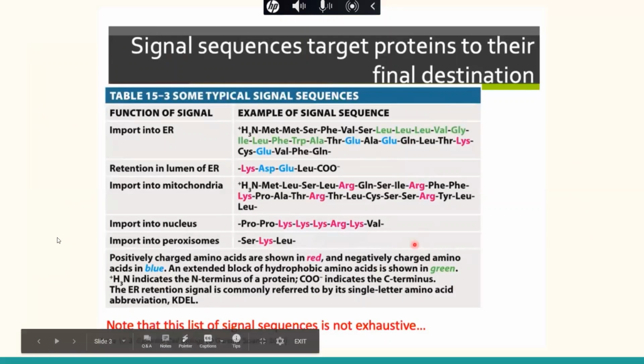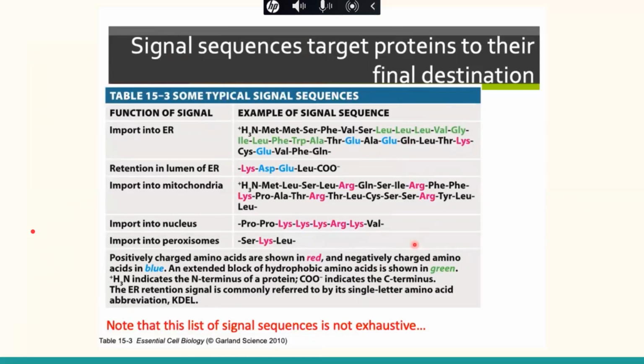So here's a list of some of the signal sequences that I know Laura talks about sometimes in her lectures. The main point to remember is that signal sequences don't always have to be this exact pattern. It doesn't have to be leucine, leucine, leucine, valine. The pattern you see here is that these green amino acids are all nonpolar amino acids.